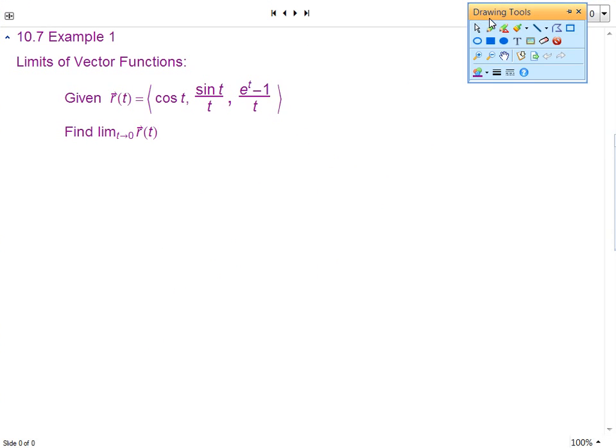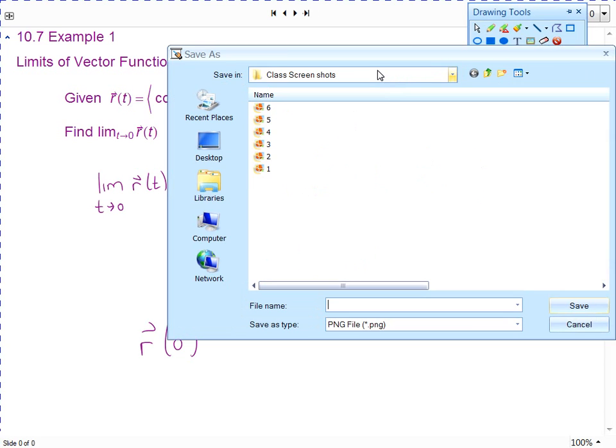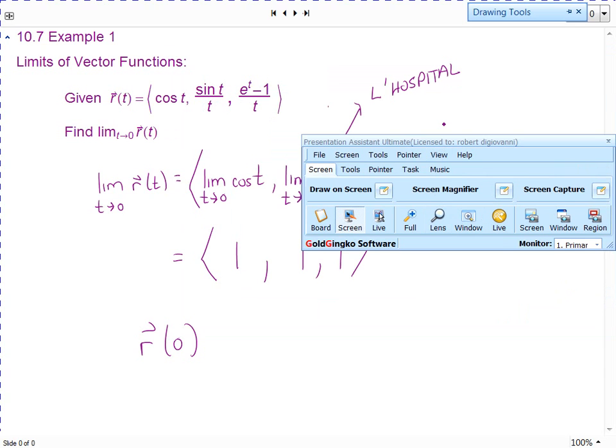I'll do a little screenshot of that. Did I miss an S? If I did, I'm sorry. I believe the S is there. No? Shall we resolve it?